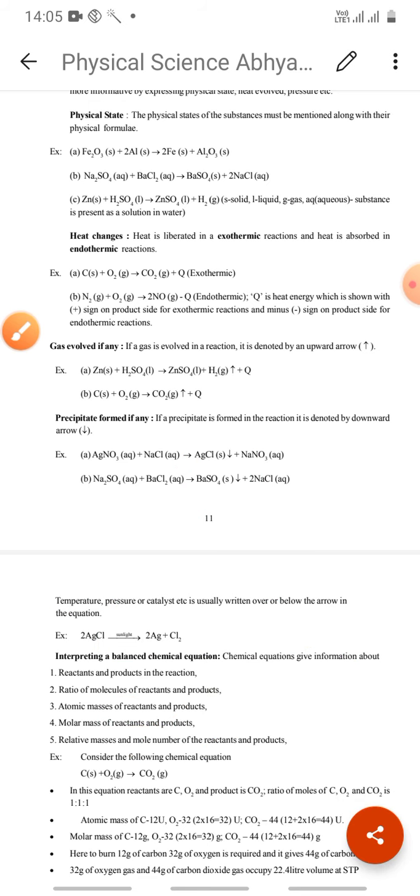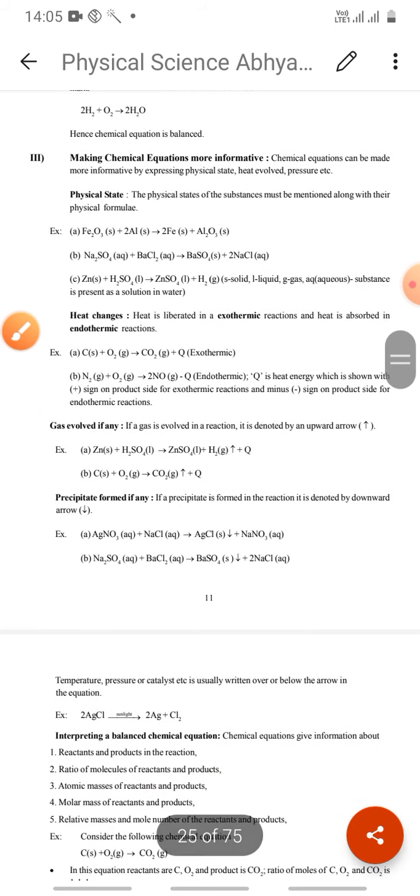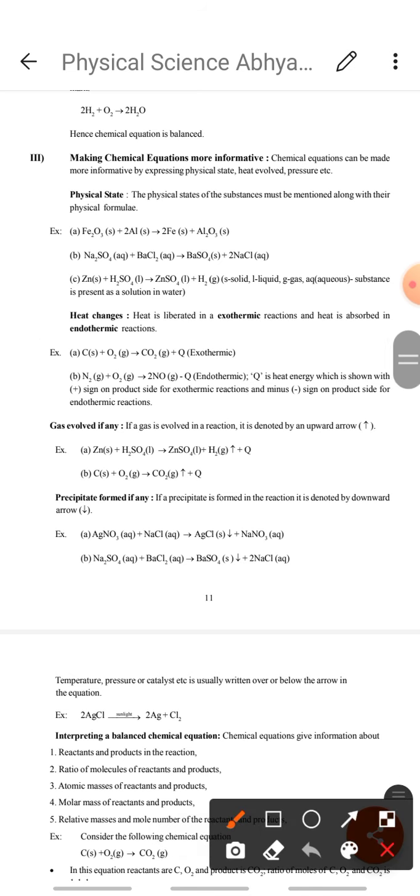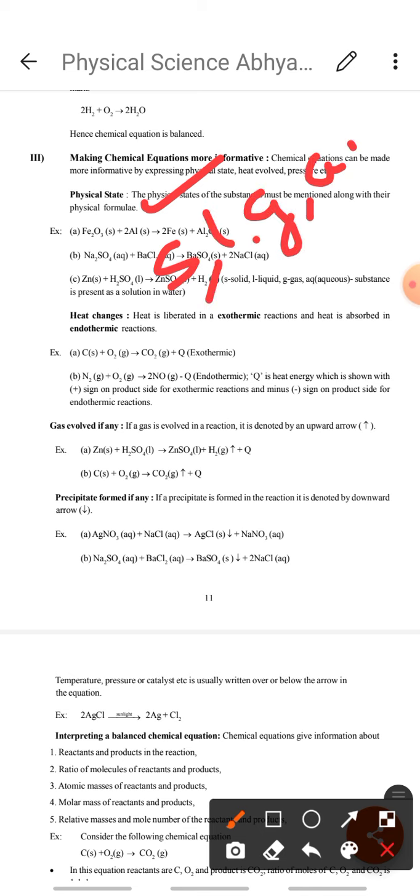So once again, making chemical equations more informative. First one is physical state, like solids, liquids, gases, and aqueous. Heat changes. Heat liberated is exothermic, heat absorbed is endothermic. Product side plus Q is exo, product side minus Q is endo.